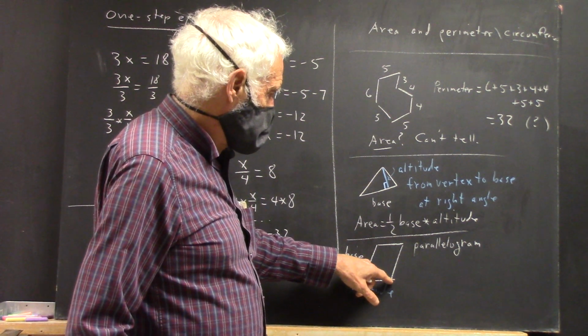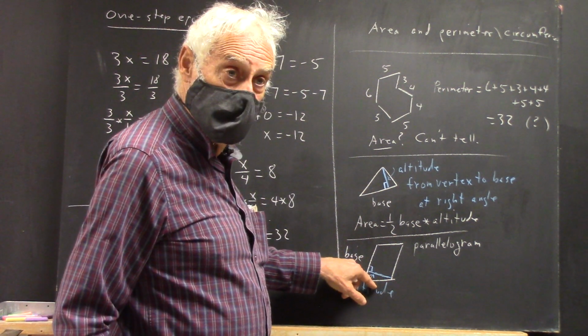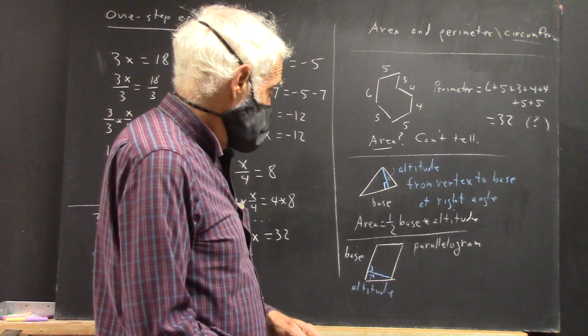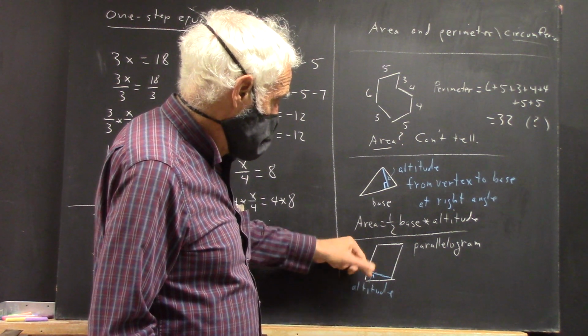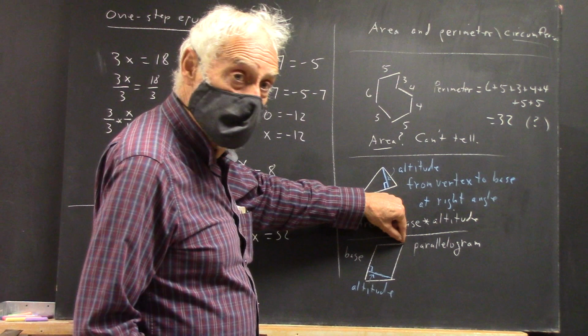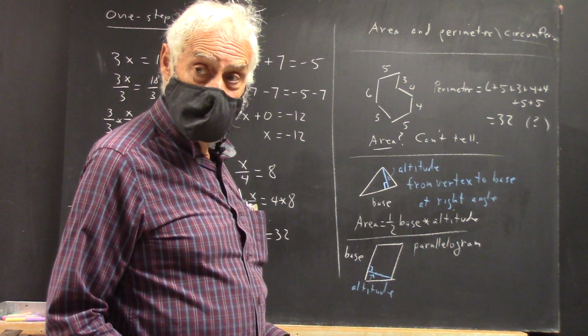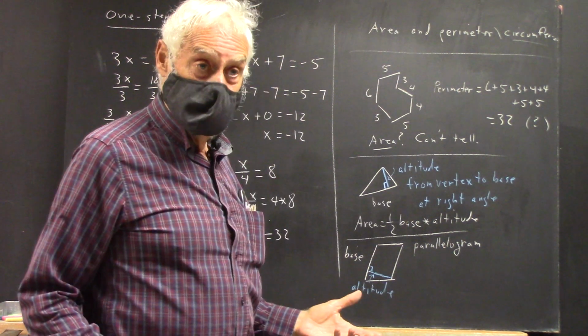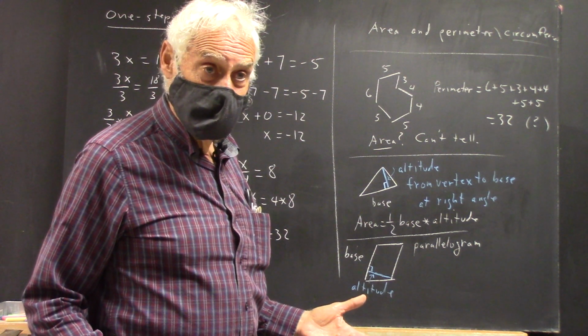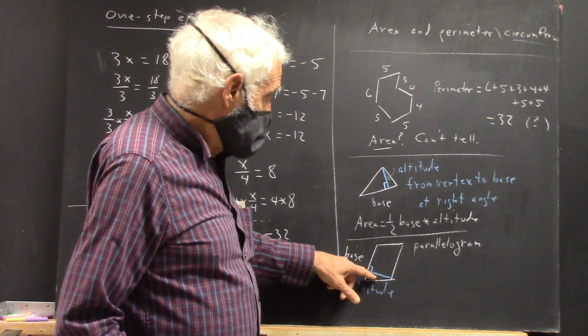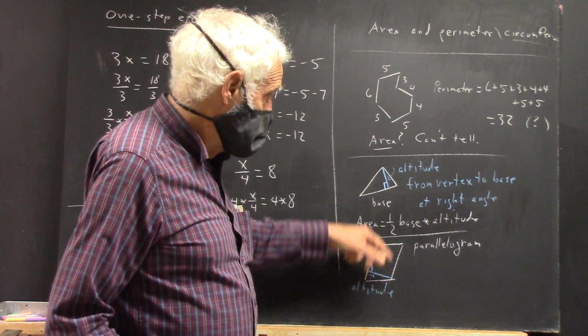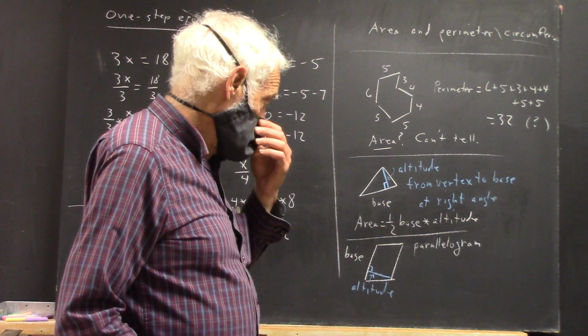If I take a pair of scissors, I can slice this little triangle off. And then I can take that triangle and flip it and glue it up here. Okay? And I'm going to get a rectangle. So I can cut and paste. I can get a rectangle.